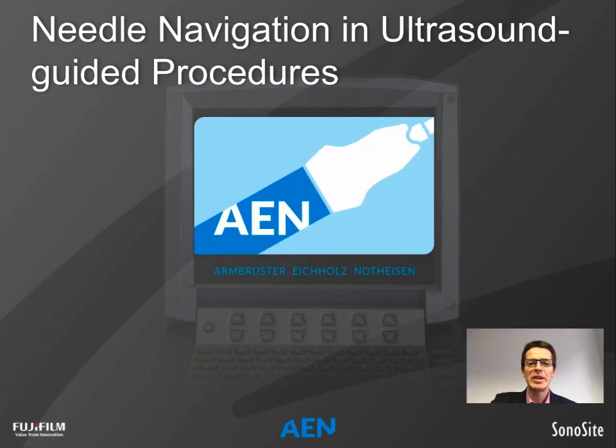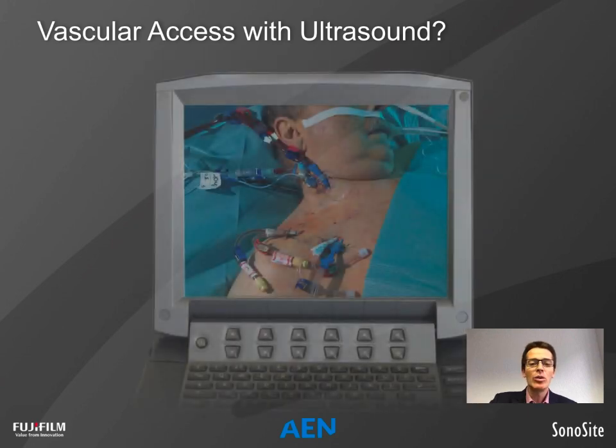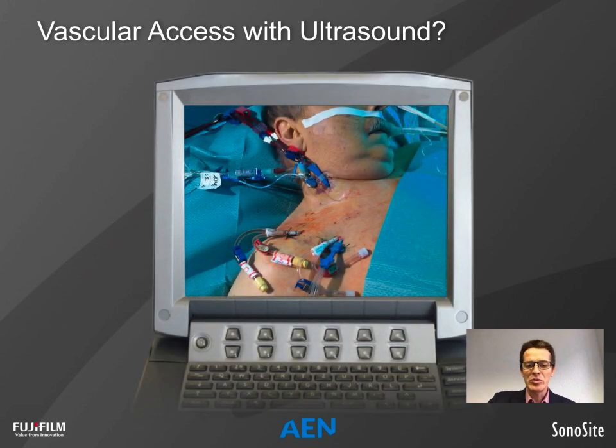Why do we recommend to use ultrasound in invasive procedures? We all know the cases with landmark vascular access, with difficult situations where we have displacements of catheters as shown here. Or in this photo you see a lot of catheters, and the one in the middle with the red tags obviously has a little bit of an unusual position on the lateral side of the clavicle.